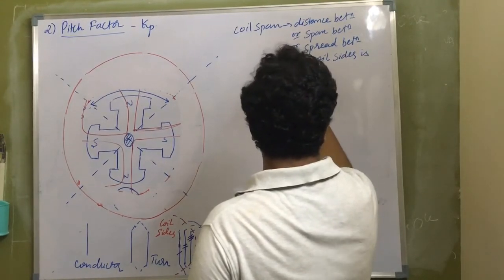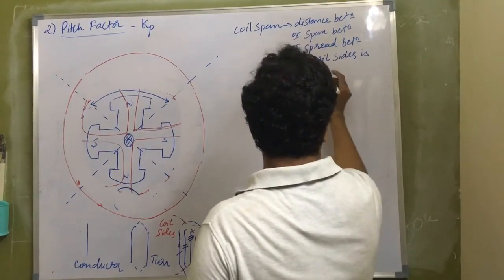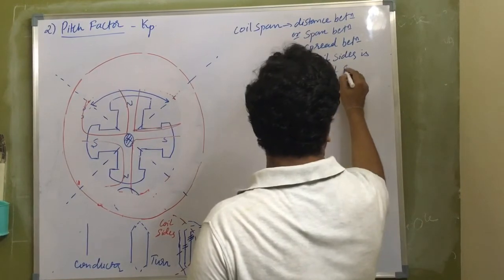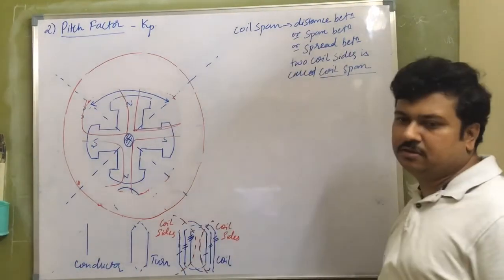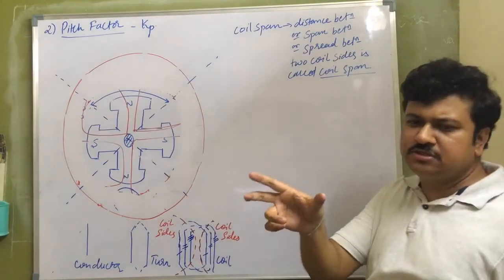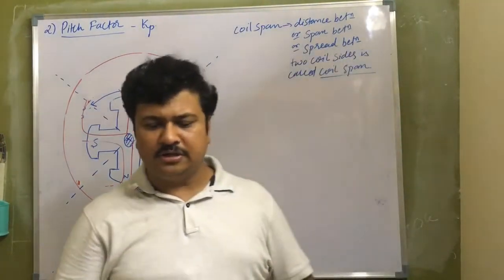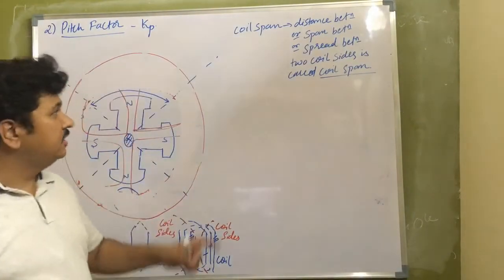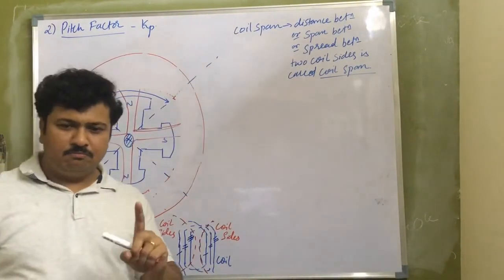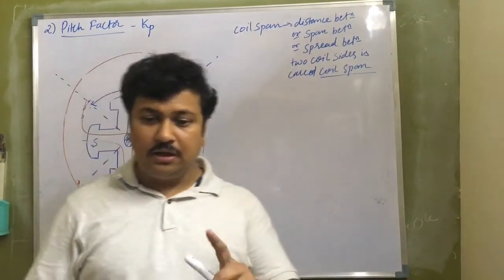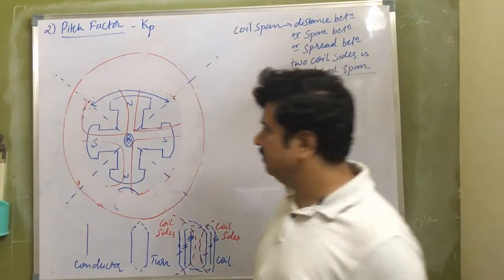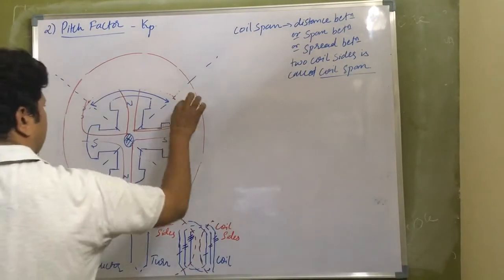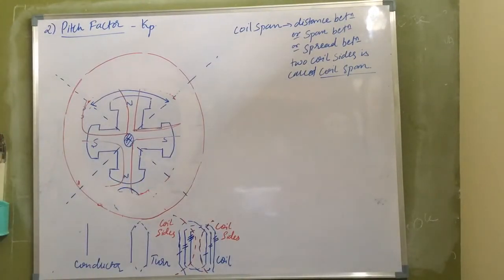That is called coil span. The span means the difference between 2 points, and this can be mentioned in mechanical angle or electrical angle.